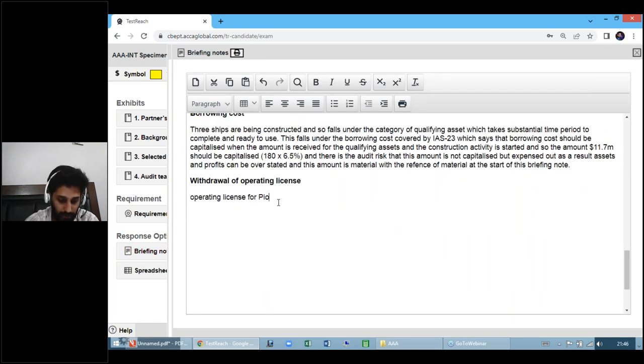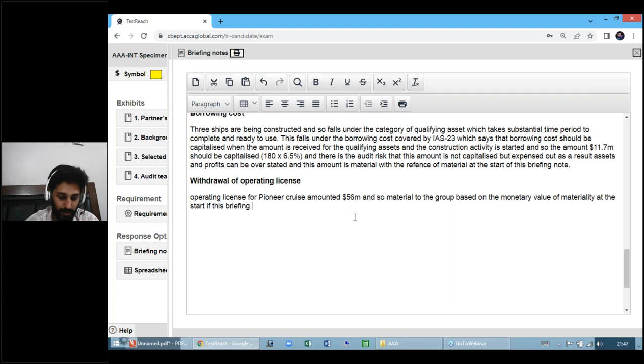The operating license for the Pioneer Cruise amounted to 56 million, and so is material to the group based on the monetary value of materiality at the start of this briefing note, and it is correctly recorded as an intangible asset and amortized over 3 years.